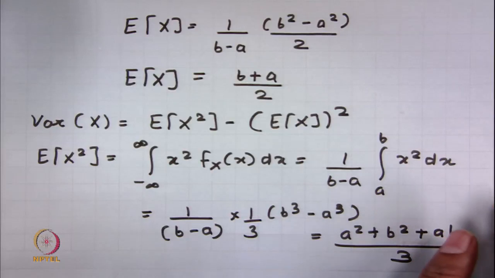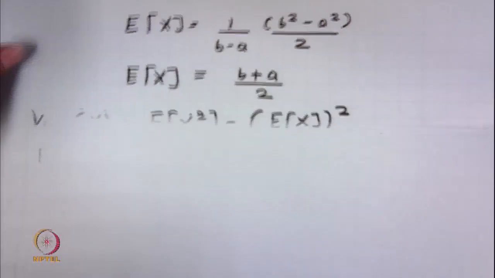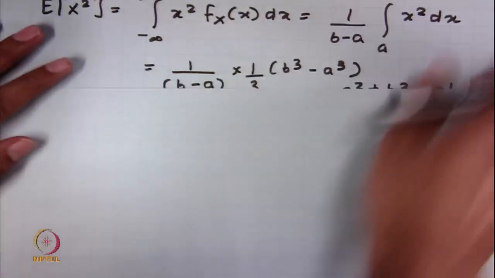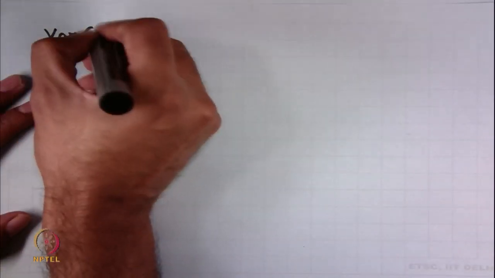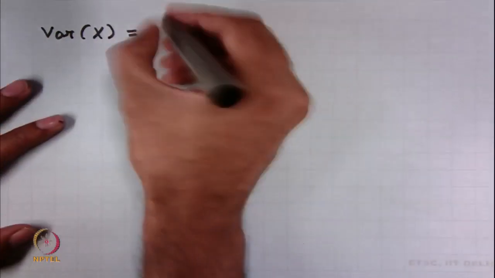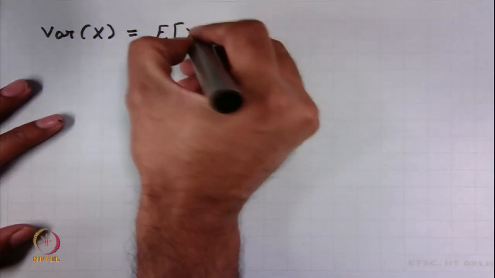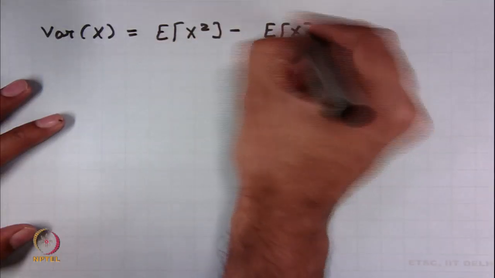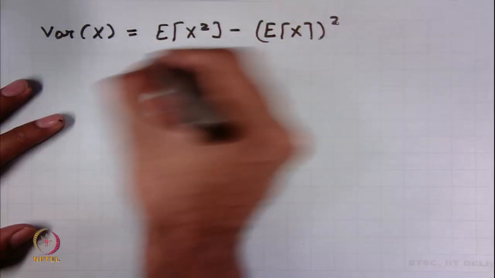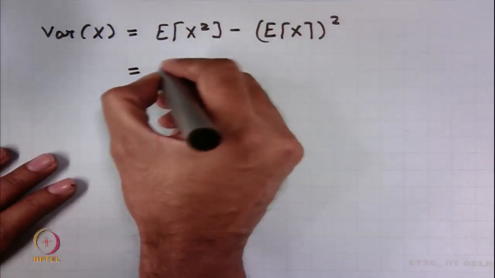So, from this we can calculate the variance. We already calculated the second moment.